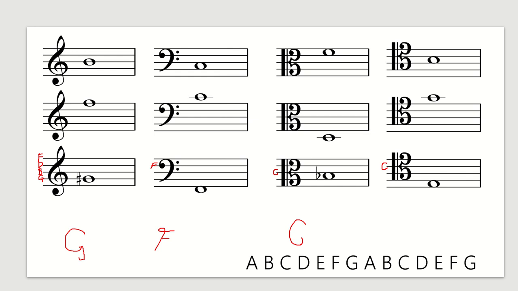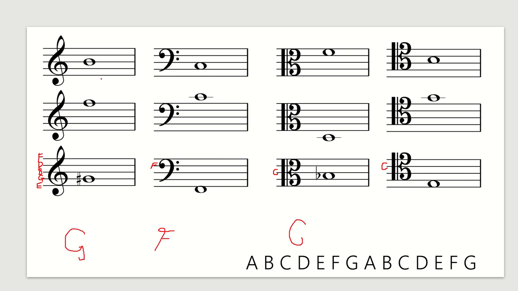If we went down, so G, we could go down to F, and then down to E here. And we can work out based on this reference. So just know that the treble clef is G, the bass clef is F, and these two clefs mean C.